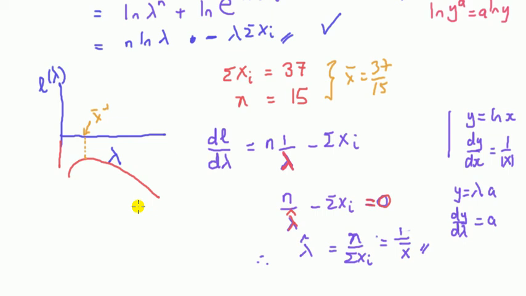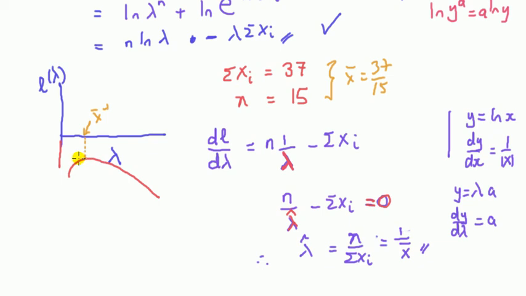There is one thing to mention, although you could usually stop here if it's your first course in stats. If you've done single variable calculus, the question is, how do you know that what you found is not a minimum instead of a maximum?